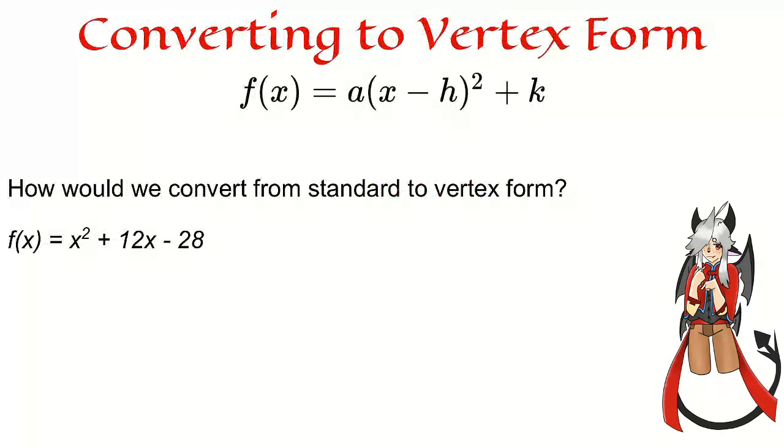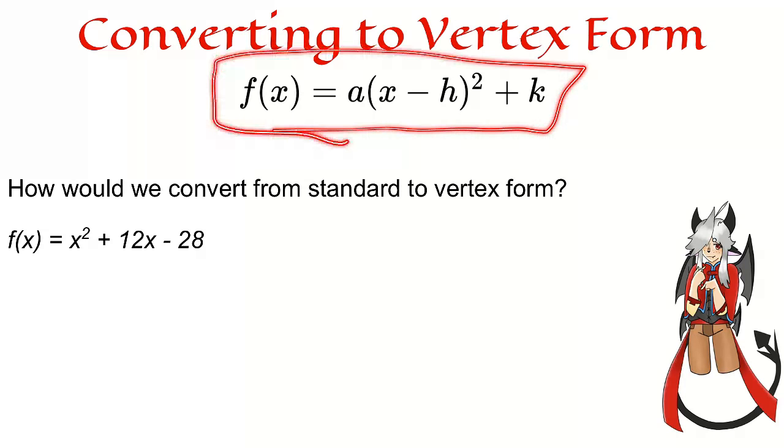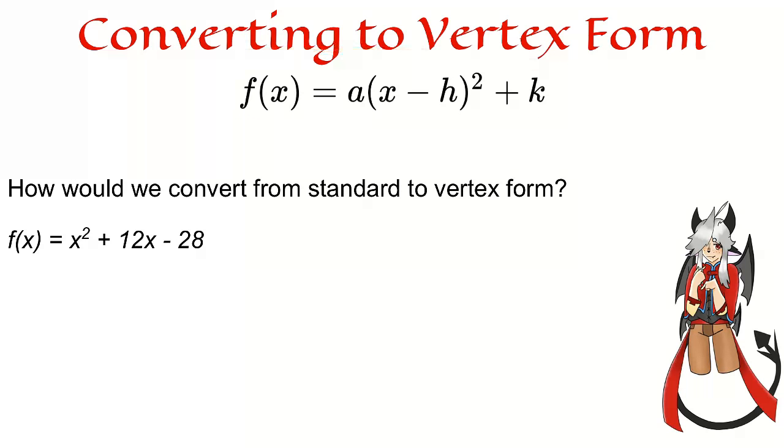Moving along here. Now, we want to talk about converting to vertex form. So here we have vertex form. So if we have something in standard form like this, do folks have ideas like, oh yeah, I think I see what we would do to convert to vertex form?